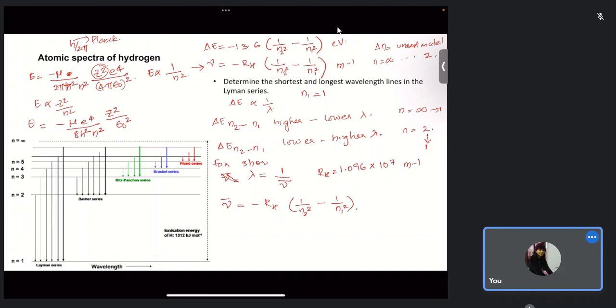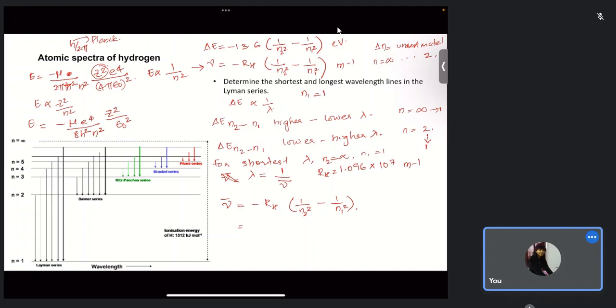For the shortest lambda, n2 is equal to infinity and n1 is equal to 1 for the Lyman series.